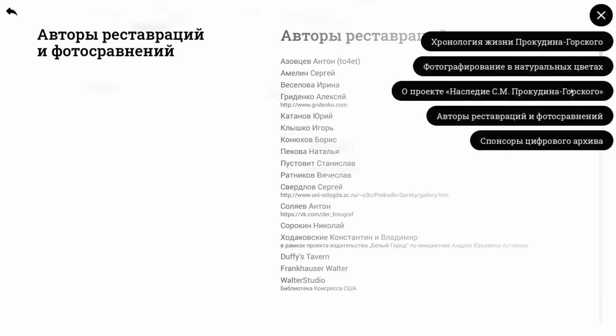There is the list of restorers. These are all the people who have done this fantastic job and who made it possible to have the collection in this form. For obvious reasons, the sponsors page only has our contacts so far.